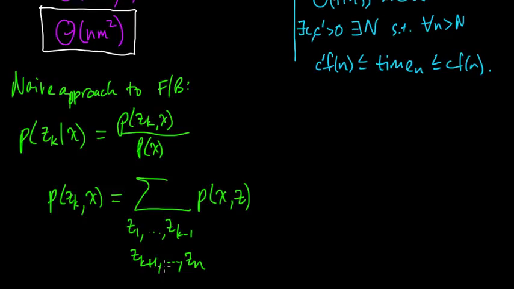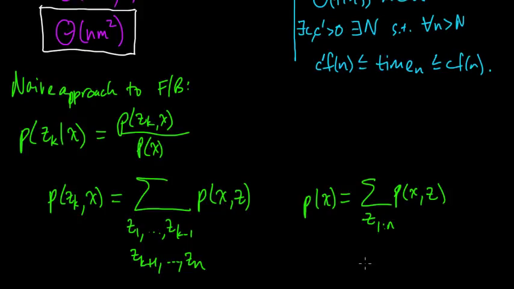For the bottom, we would have to do it over all of them, so that's going to be roughly the same. This is over all z's from 1 to n. So this is going to take roughly the same time as the top, just one less sum. So how much time would it take to do this? Well, we're summing over n variables.